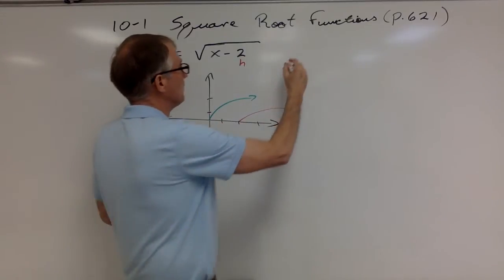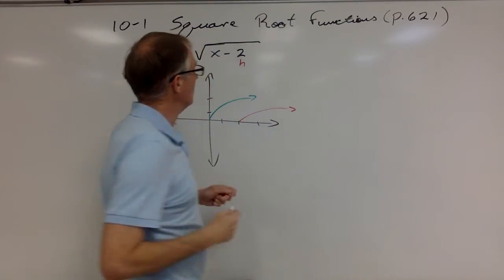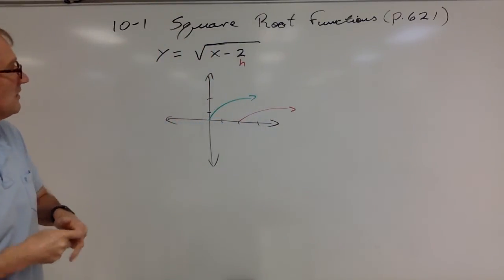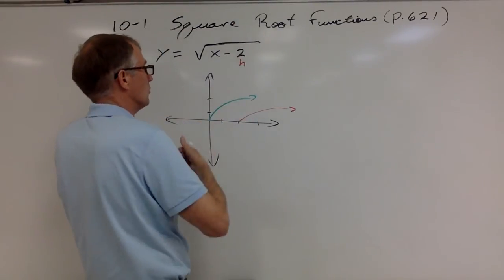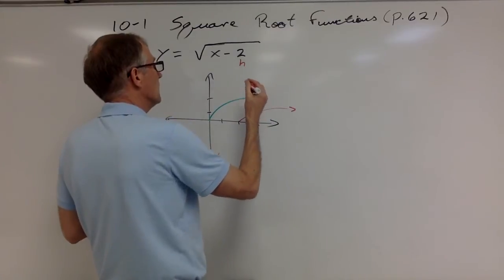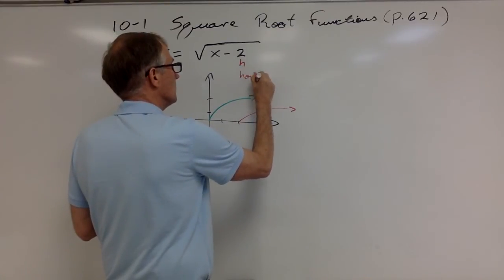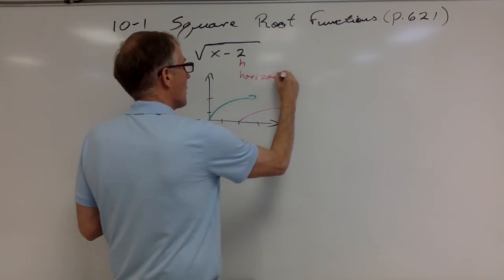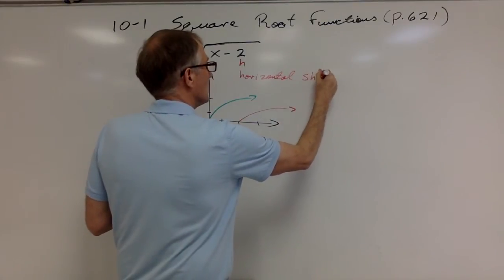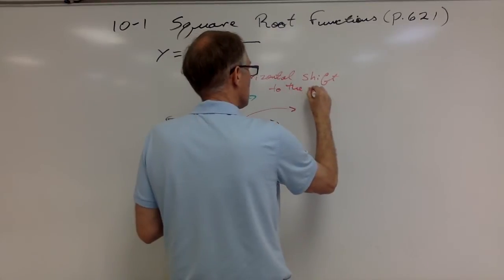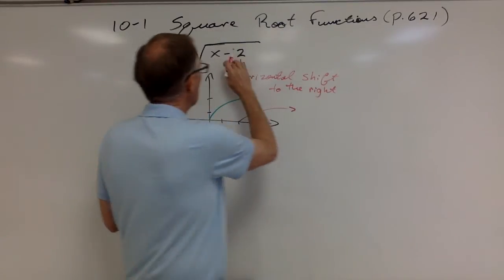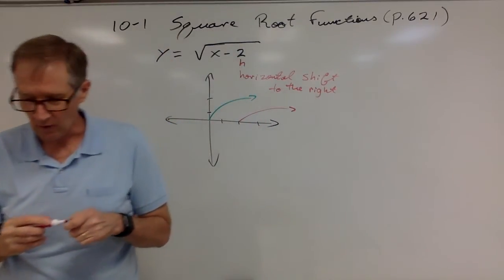So this is that h. We saw once before where we had k and h. k is the vertical, h is the horizontal. h for horizontal. So this is a horizontal shift to the right. Notice the negative sign that's in there, all right?